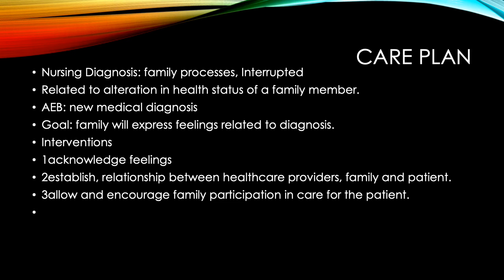And also allow and encourage the family to participate in the care for the patient as much as they want to. You'll find that some family members really want to be hands-on in caring for the patient. Some family members would rather not be so hands-on, but be more vocal in expressing what they want to happen.